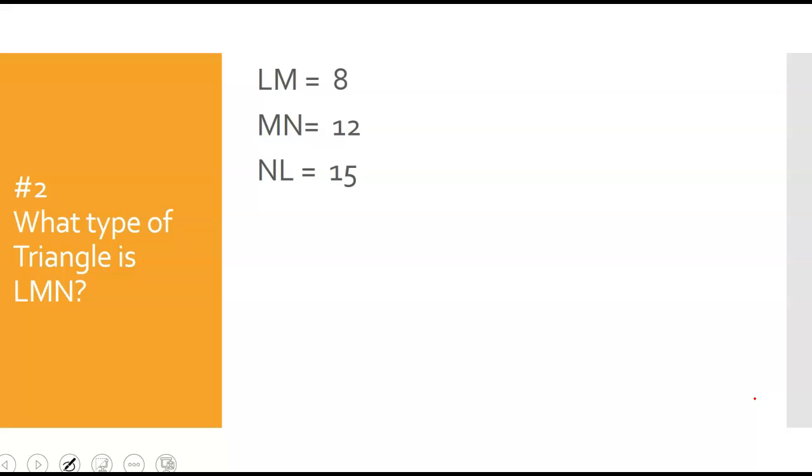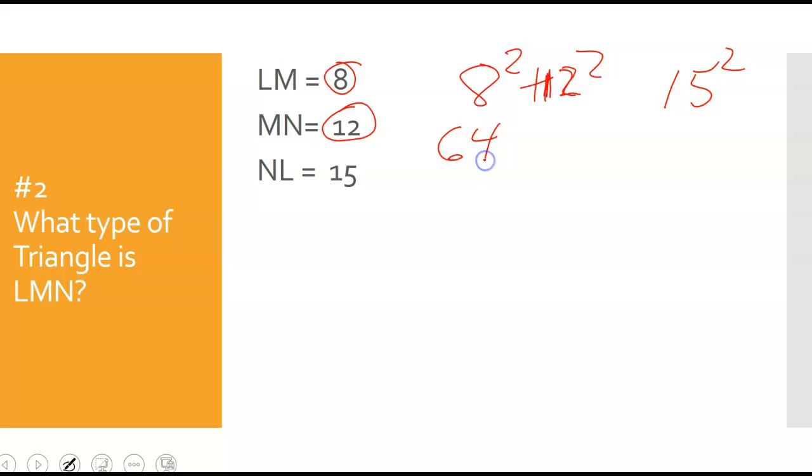On the other hand, if we look at something like this, here the smallest two sides are 8 and 12. So if I take 8 squared plus 12 squared and compare that to 15 squared, 8 squared is 64 and 12 squared is 144. If I add those two together, that's 208. However, if I take 15 and square it, that's 225.